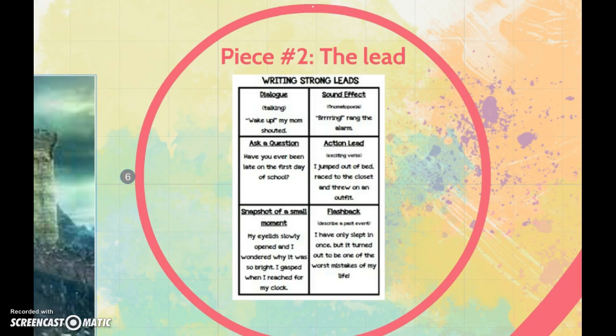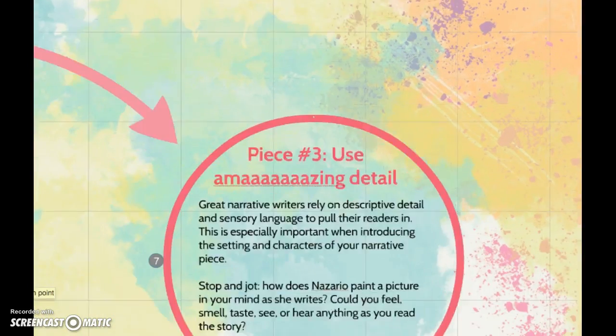You can start with a question that really makes your reader think. You can start with some action that gets your reader excited or intrigued by what's going on. Perhaps a snapshot of a small moment, something that is just a very small piece of the whole story. Or a flashback is always a great way to write a lead.